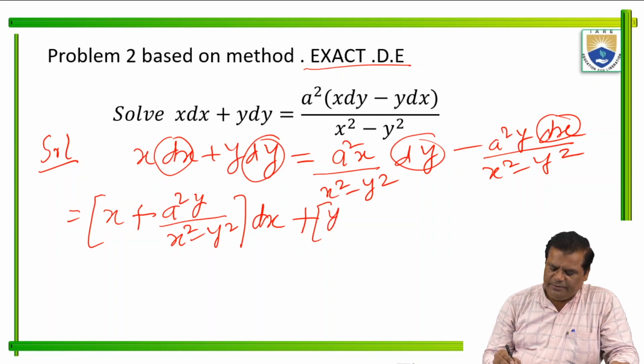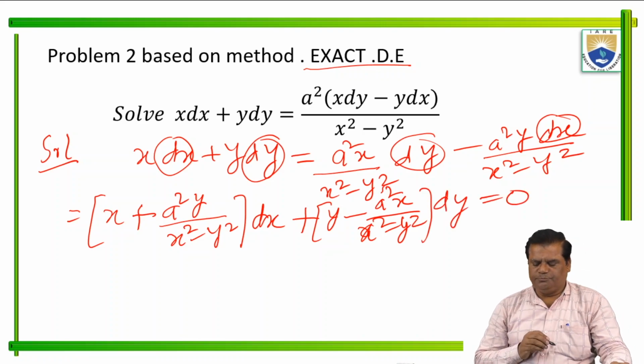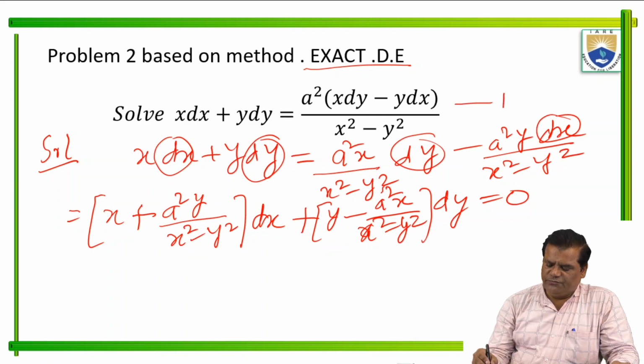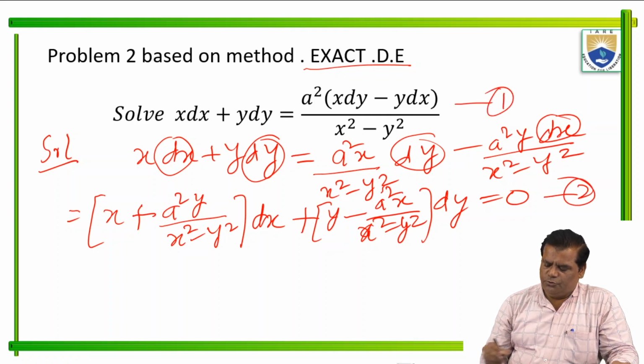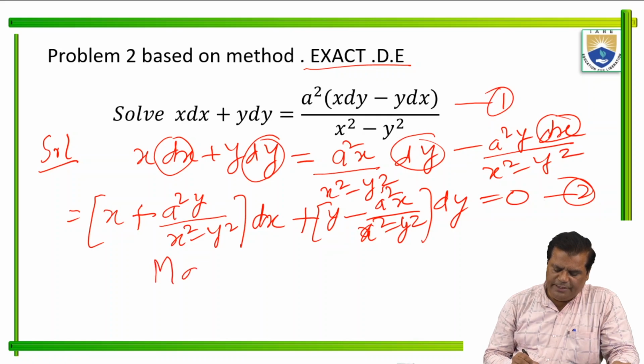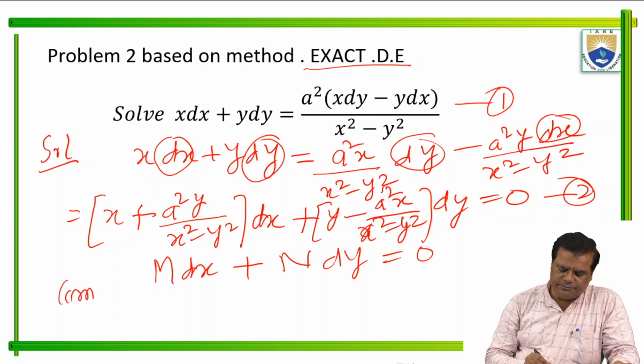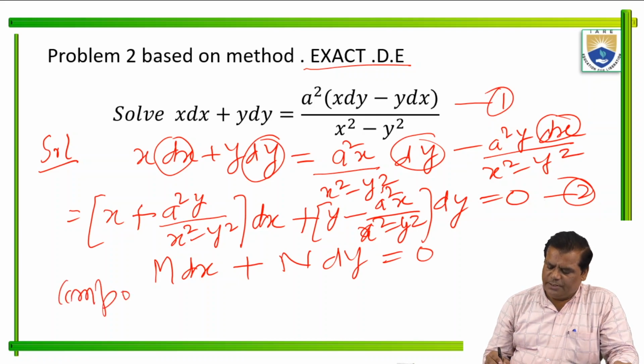So here y minus a square x upon x square minus y square and this dy equal to 0. This is equation 1 and this is equation 2. Now this is M dx plus N dy equal to 0, comparing with equation number 3.